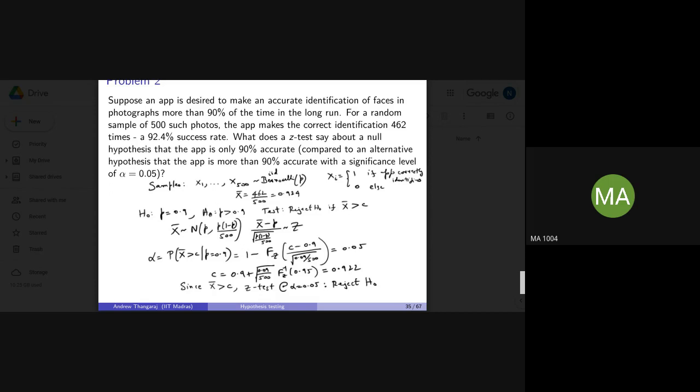So are you aware of how to convert this proportion to the normal distribution? It's the same thing, but do you know how to convert it? When we were dealing with mu, it was x bar minus mu upon sigma upon root n. What about the p? What will be the normal 0 1 form?